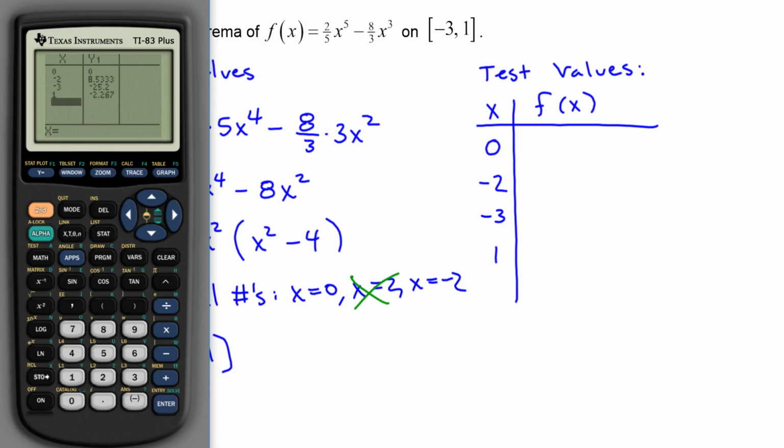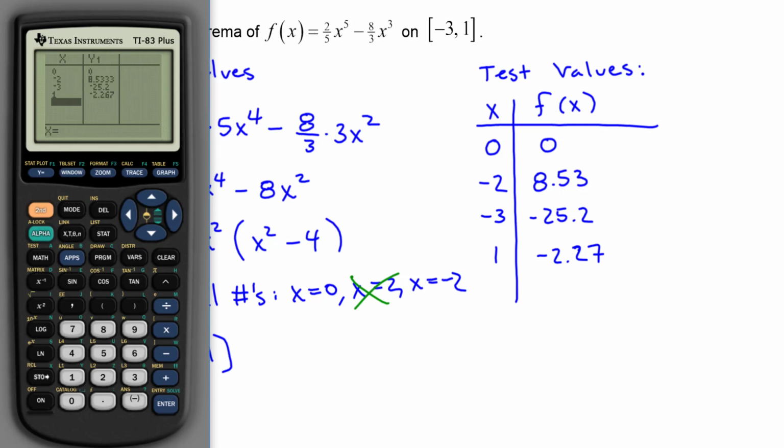So f of 0 is 0. F of -2 is 8.53. F of -3 is -25.2. And f of 1 is -2.27.